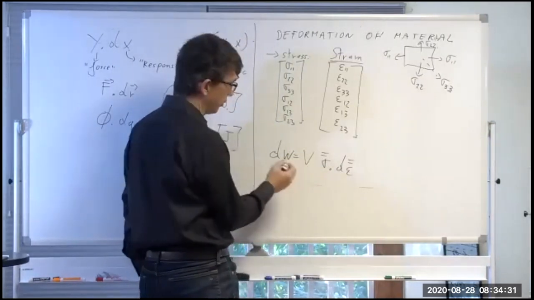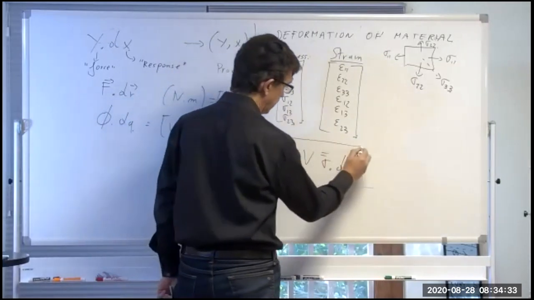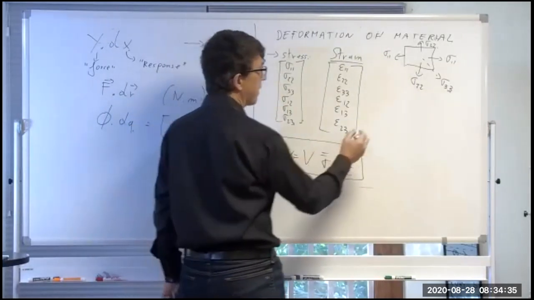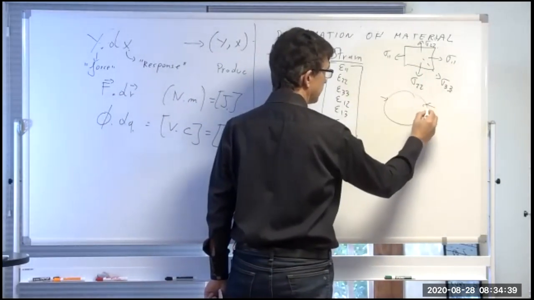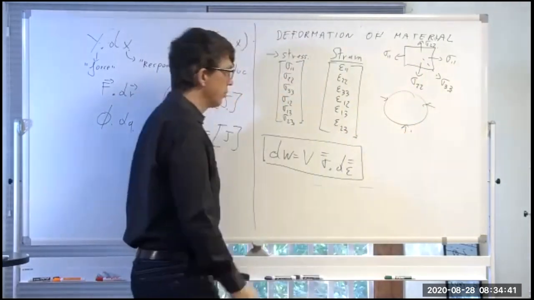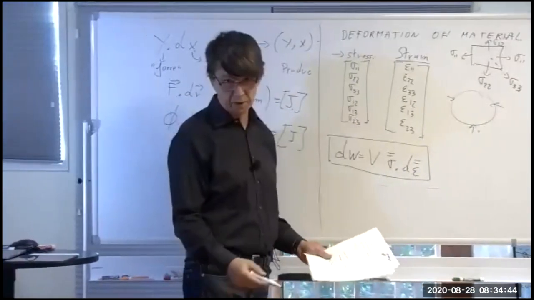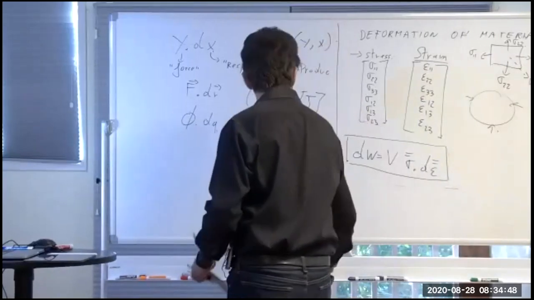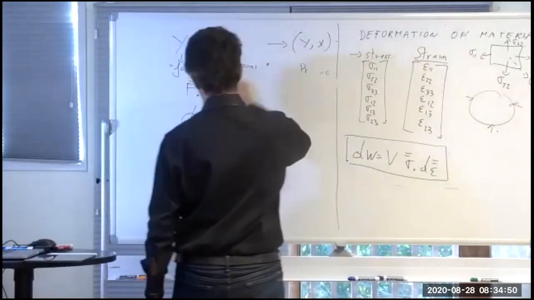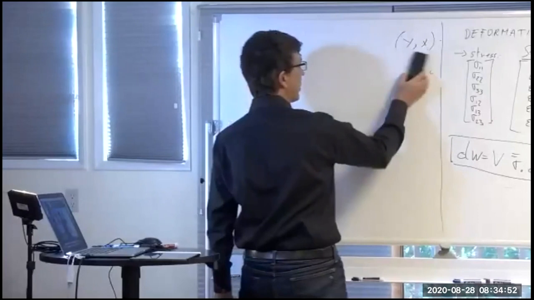So that's how the volume comes up front. So if I know the stress state at the boundary of a system, and I know the response to it, I can actually calculate the work.